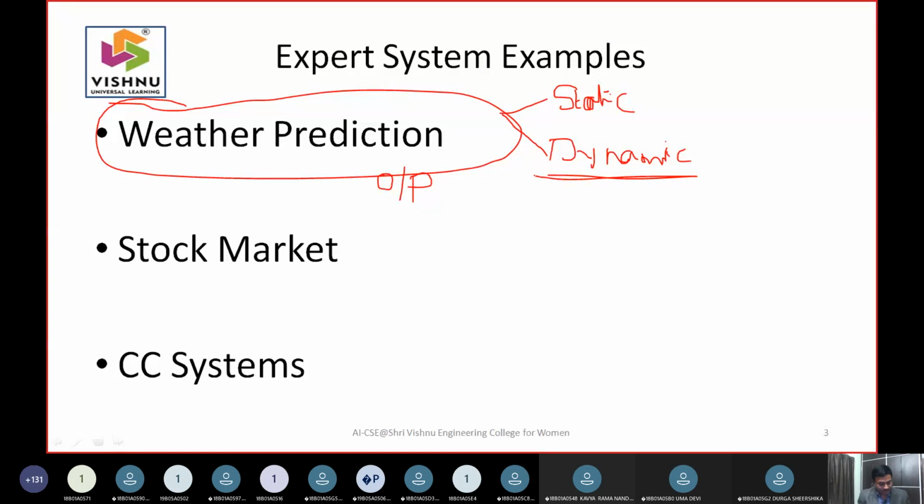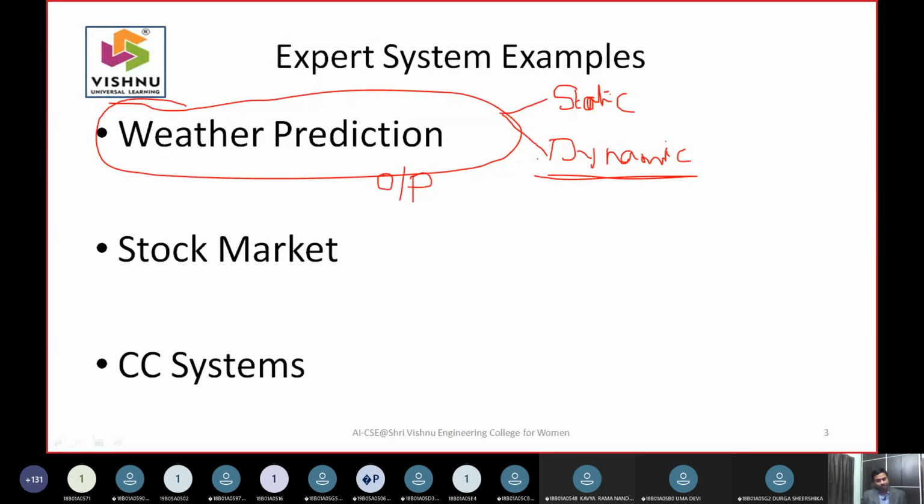Can somebody just unmute and tell me how you measure this? Can I say static data is compulsory, what I said has to be taken? If I accommodate many dynamic parameters, can I say the accuracy of weather prediction will change, or that when I use many dynamic parameters, the usability of the system will increase?